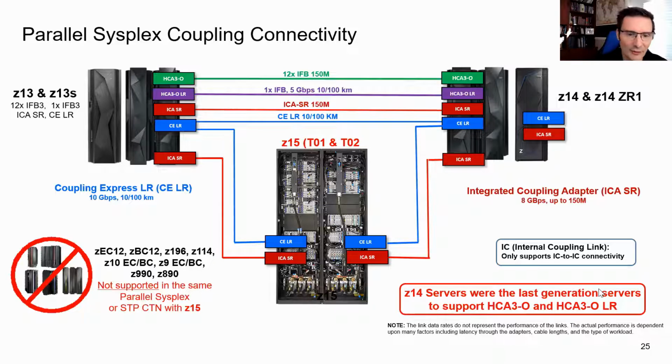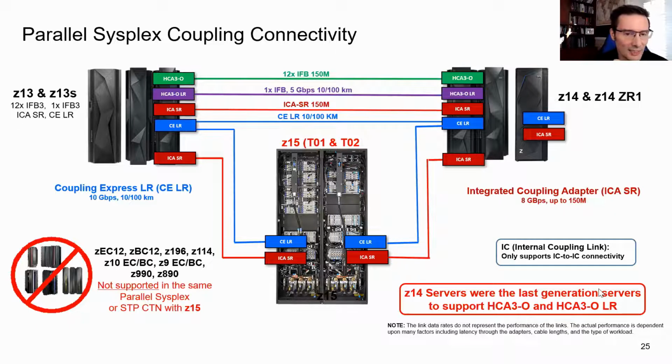Well, you can still use the InfiniBand as long as you're not talking to a ZR1 or to a z15. So if I have a z13 or z13s communicating with a z14, or z13s talking with one another, or a z14 mother machine talking to one of those, that's perfectly fine.